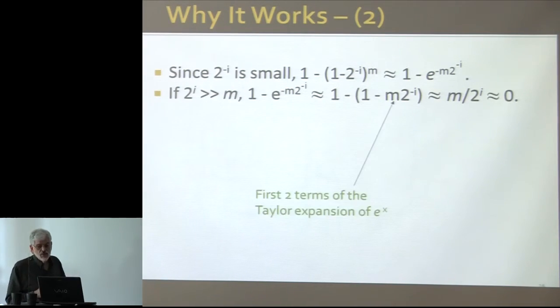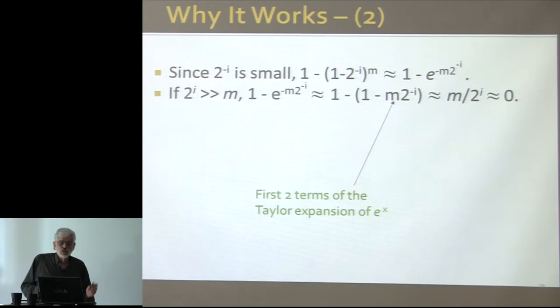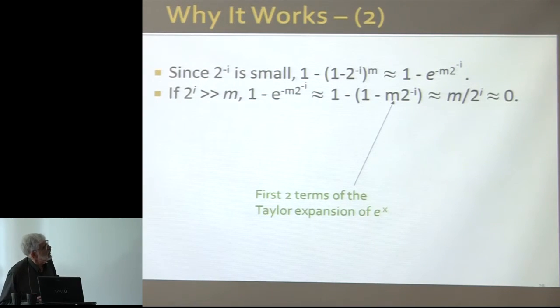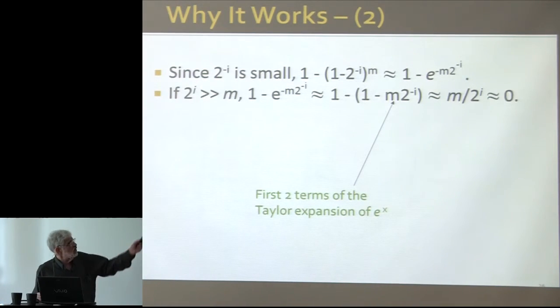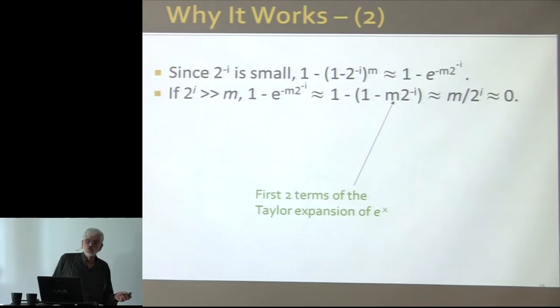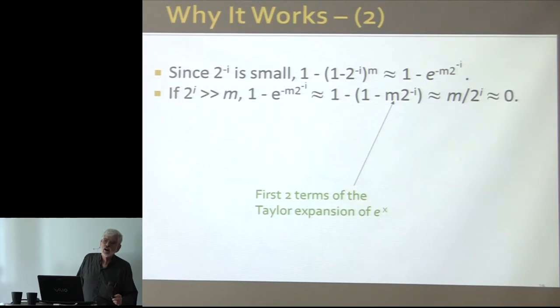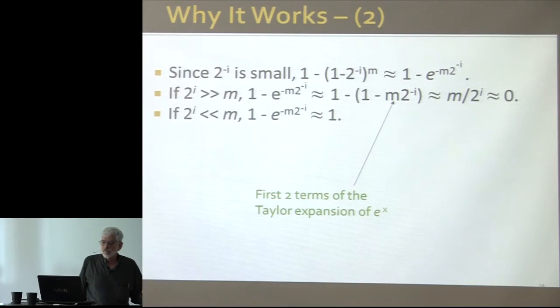And if it's a tiny fraction, I can replace e to the tiny fraction by the first 2 terms of the Taylor expansion. So I get, you can see what I've got there. And then the ones cancel. And what I have is m divided by 2 to the I. And then I just told you that 2 to the I is much bigger than m, so this is approximately 0. So that says the chances that you're going to get a way too big R is very small.